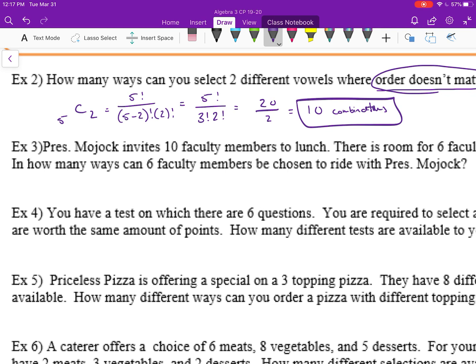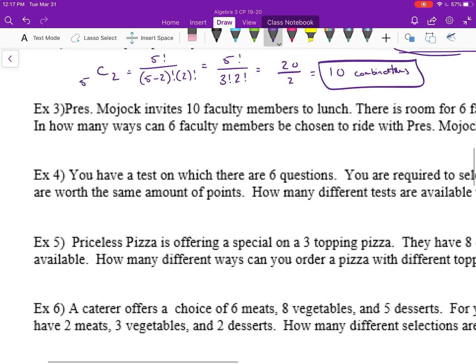If he's only going to choose 6, how many different combinations could he choose? In this case, it doesn't matter what order you're chosen in. You can be 1 through 6 or 6 through 1. Still the same 6 people no matter what. One does not get more privilege over the other. You just want to be one of the 6 that's chosen. So that's a combination because order doesn't matter.